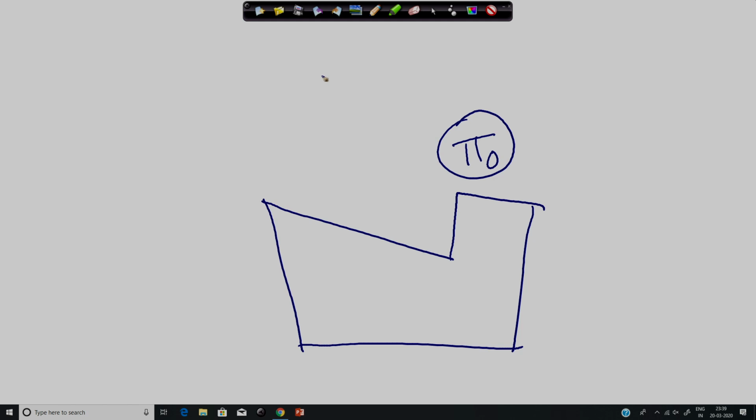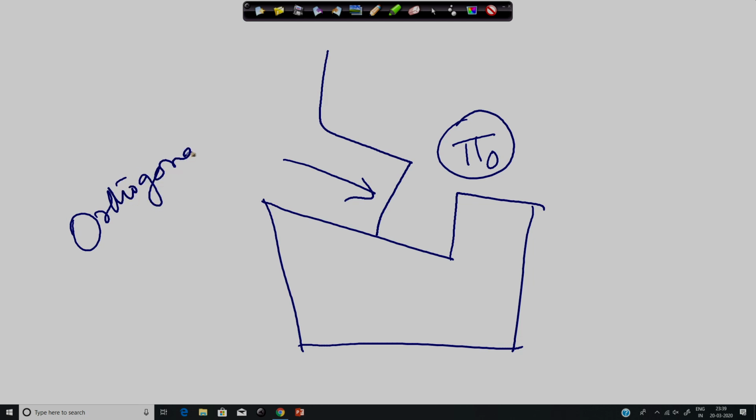The chip is coming down this way. When the chip is coming down this way, as it is a case of orthogonal machining, so orthogonal cutting is taking place.